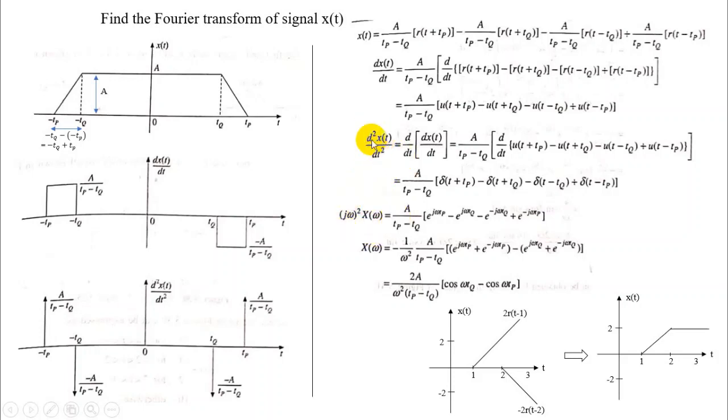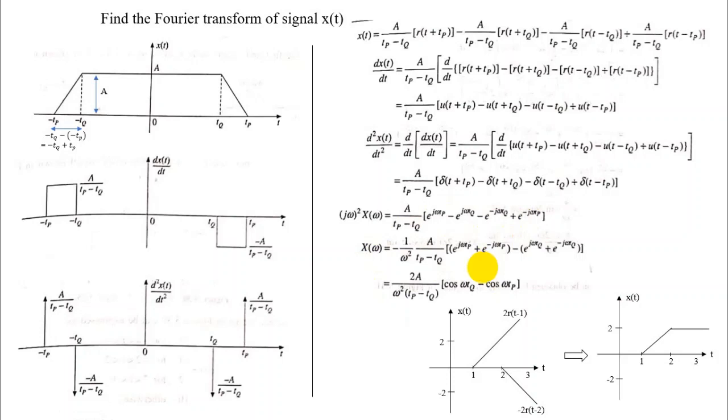So the Fourier transform of that part is like that, and the Fourier transform of each impulse function is like that. At the end of this transformation we need to determine the X(omega), and X(omega) would be like that.